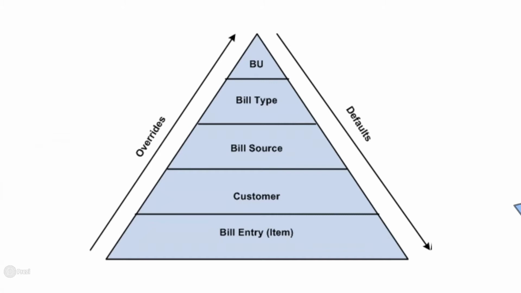Defaults could be different fields. It'll default fields that are populated on the actual bill. So when I refer to defaults, really what's saved at the business unit level will be different fields that are populated on the invoice automatically, things that I don't have to go into and change once the bill is created.